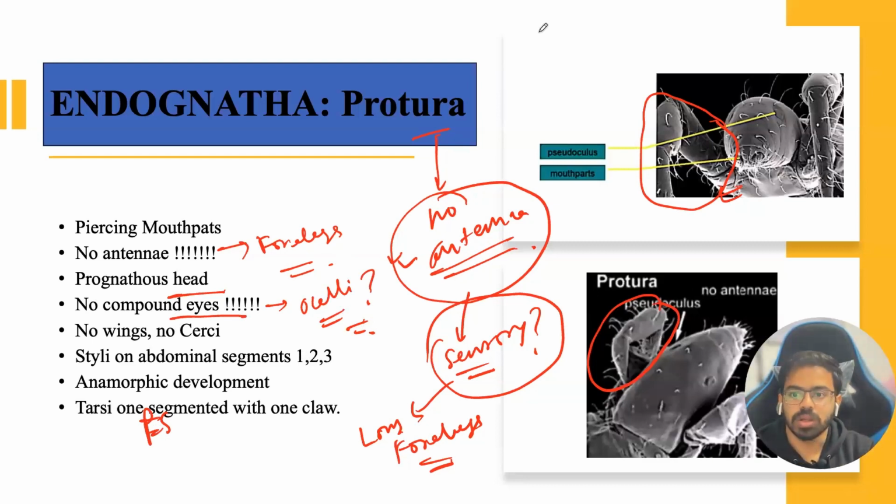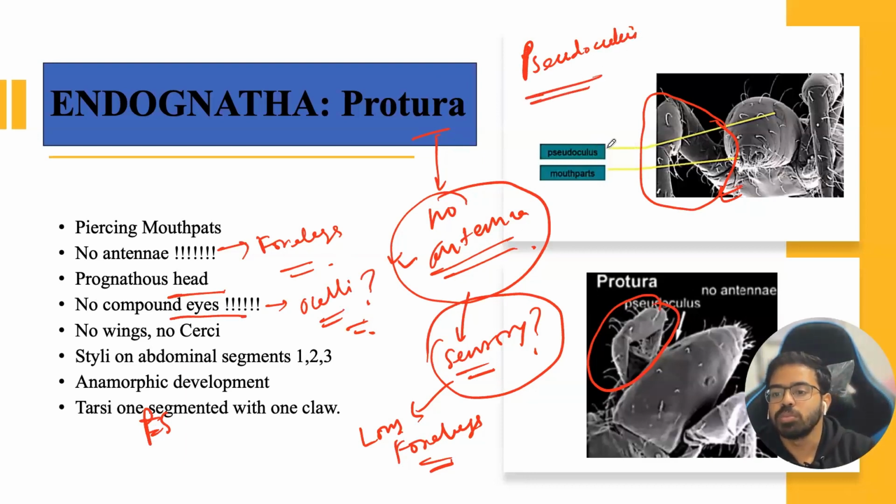They have this particular organ, pseudoculi. Pseudoculus in the singular is nothing but a flap of cuticle having some chemoreceptory and some photoreception activities. So it is believed that this pseudoculus can act as an eye. Okay, so no problem. Protura has pseudoculi.